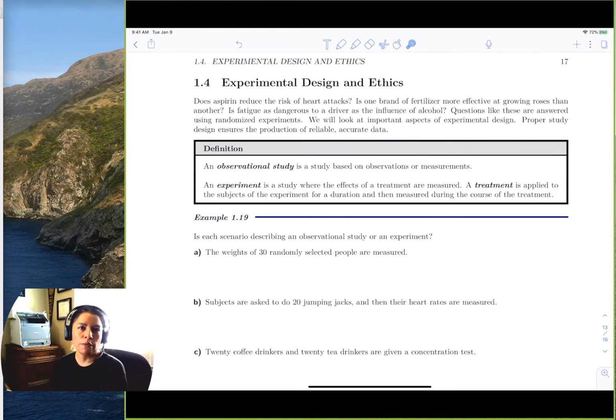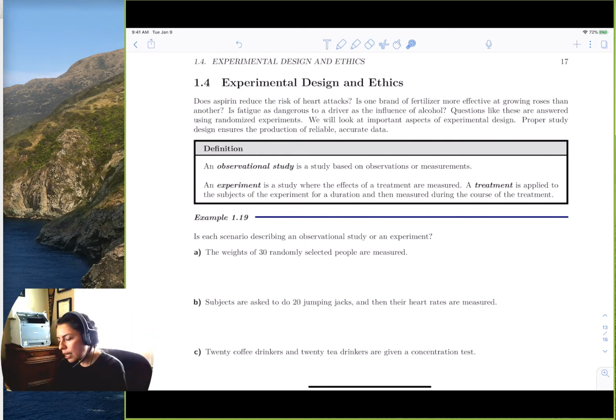That's just much more involved and usually a lot more expensive. So an observational study is based on your subjects and what already exists in those subjects. An experiment is where you are going to apply a treatment.